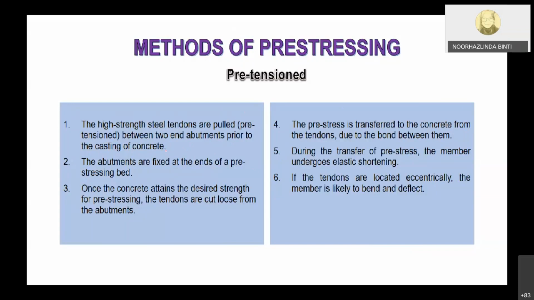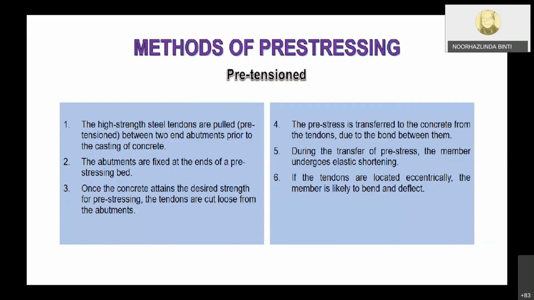We pull that one, and that particular tendon is in pre-tension. After that, the abutments are fixed at the ends of pre-stressing bed. Abutment is used to hold the strands or to hold the tendons. And then we pour concrete.